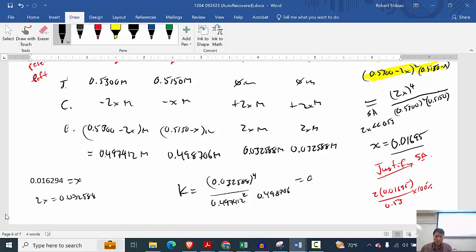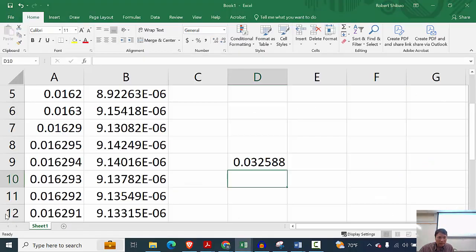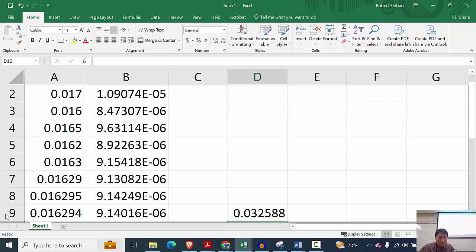Maybe I screwed it up. 9.121 times 10 to the minus 6, which is off a bit more than I was expecting, but maybe I did something here.